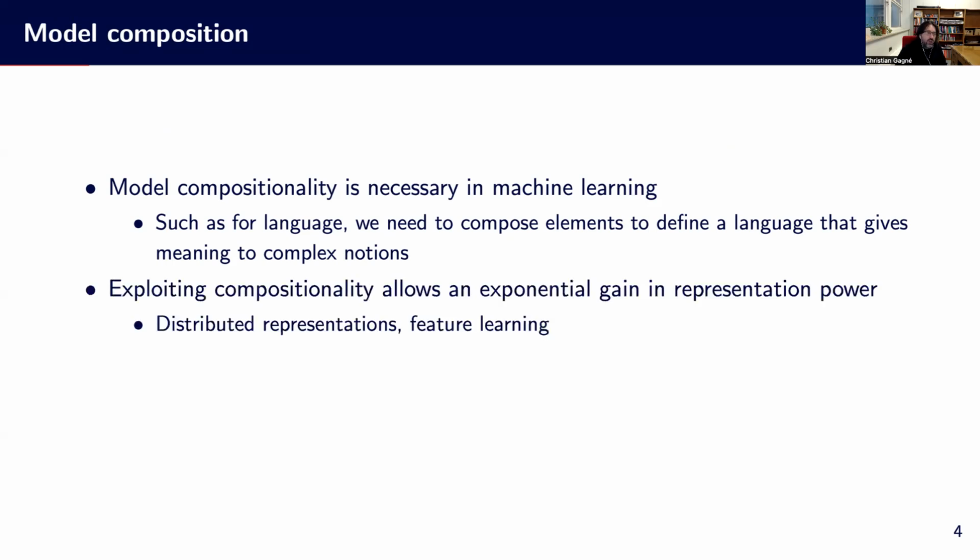And as such, being able to exploit compositionality allows, I would say, an exponential gain in representation power, in the sense that if we are able to identify the right building blocks in our representation, we can arrange them in many ways, and all these different ways would mean something different. Having the right building blocks allows us to express complex ideas, and we can have different levels of such composition.